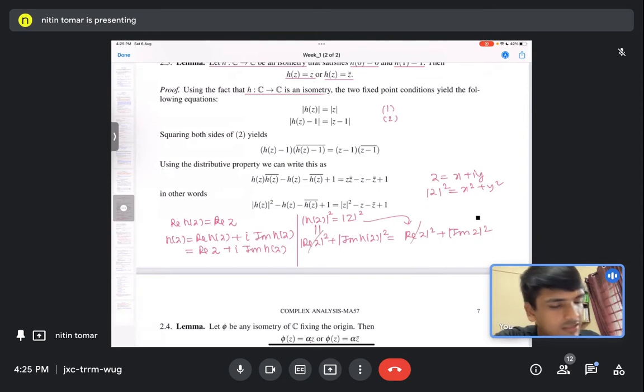Now these two will cancel out. So you will have mod of the imaginary part of H(z) is the same as mod of the imaginary part of z.